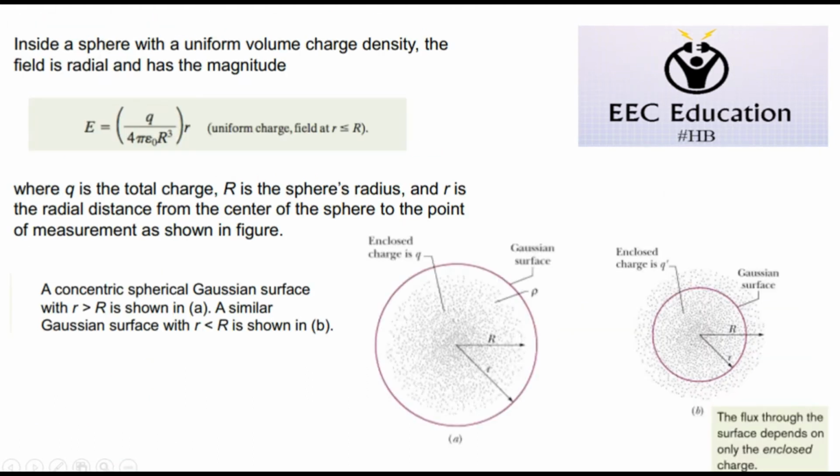So if we substitute q prime in the electric field formula, we get E equals k times q times small r over radius cubed, big R cubed. So if we consider the following two spheres, we can say that figure A is the case where small r is greater than capital R, and figure B is where capital R is greater than small r.